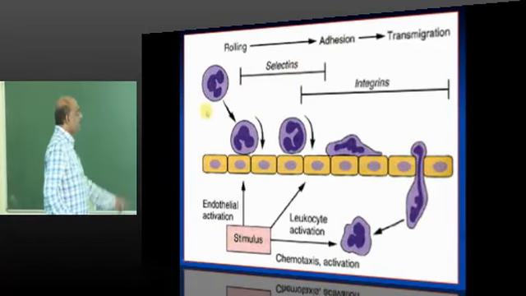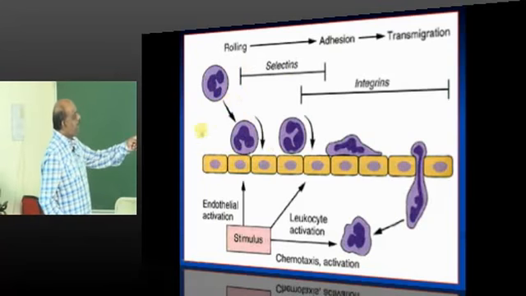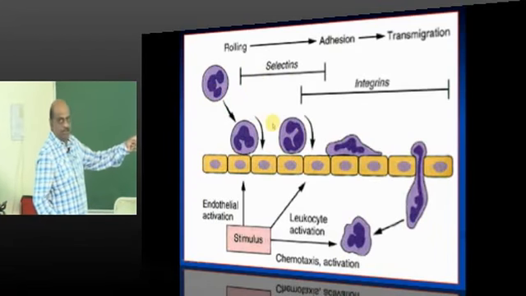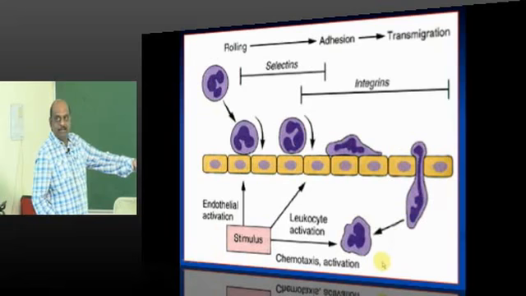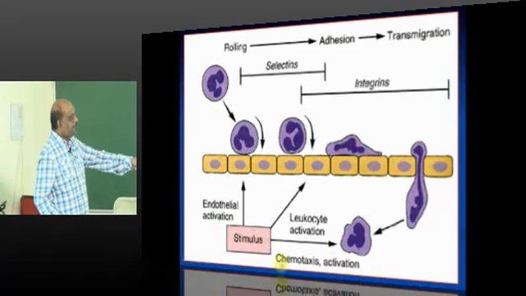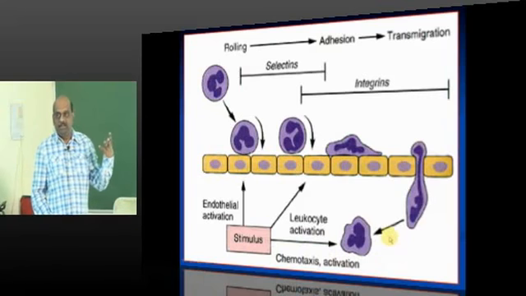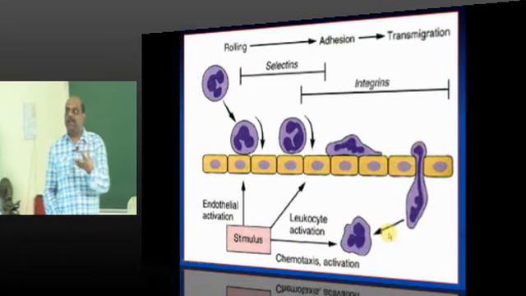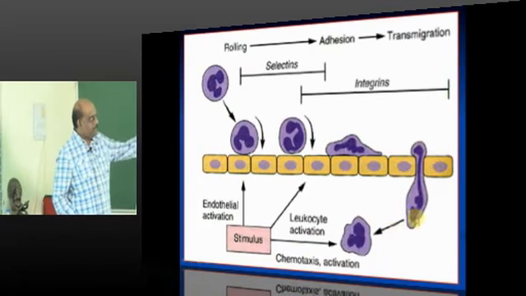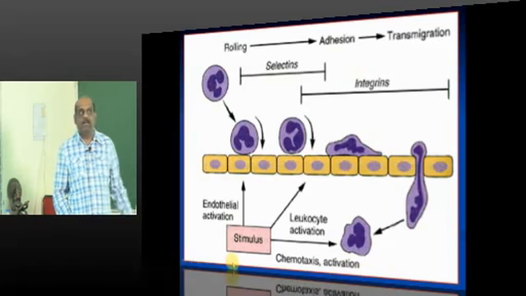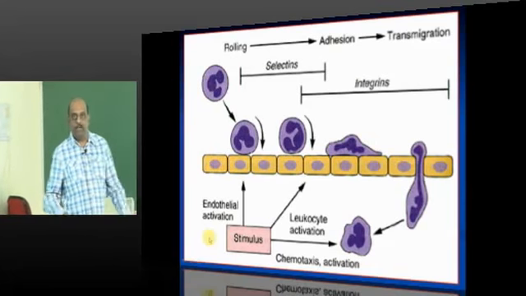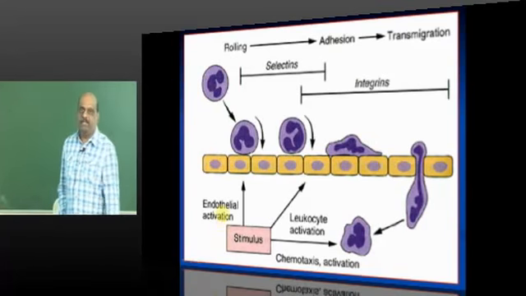So the inflammatory cell needs to first roll, then adhere, then transmigrate, and ultimately there should be chemotaxis and activation of the monocyte macrophages. These are the steps which are comprehensively called acute inflammation.